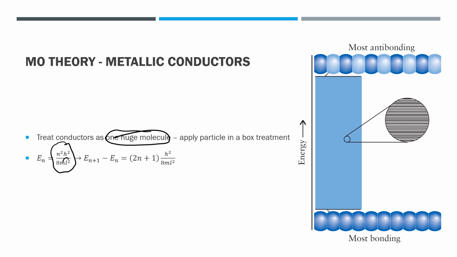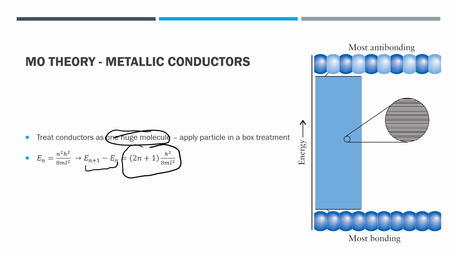And we see we have length in the denominator. So if the length of the metal is much, much bigger, say when I subtract the n+1 energy from the nth energy, so this is the difference between two consecutive energy levels, we have 2n+1 times this factor of h squared over 8 m L squared.